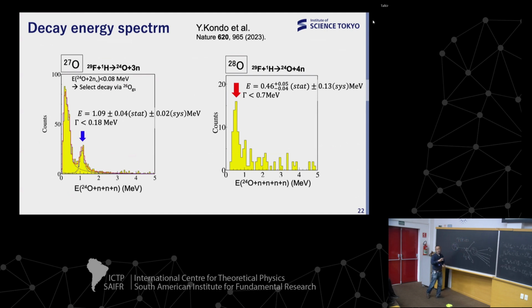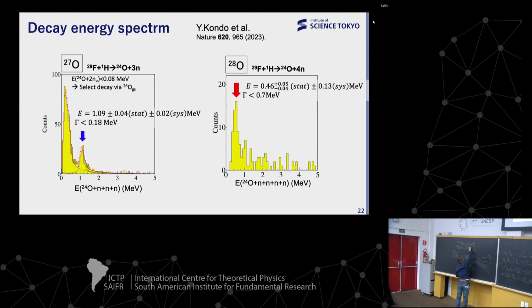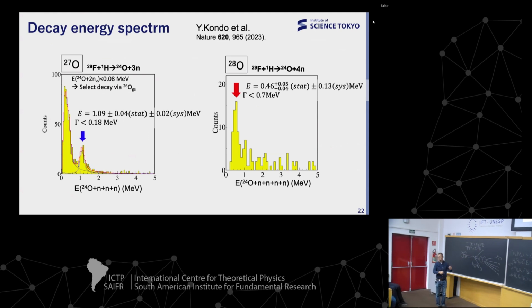So if you remove one proton only, but if you remove 2 protons and 1 neutron, then this becomes oxygen 27. So oxygen 27 and oxygen 28 are produced in the same measurement. Sometimes oxygen 27 is produced like this, but sometimes oxygen 28 is produced.